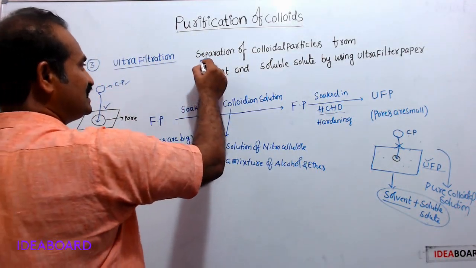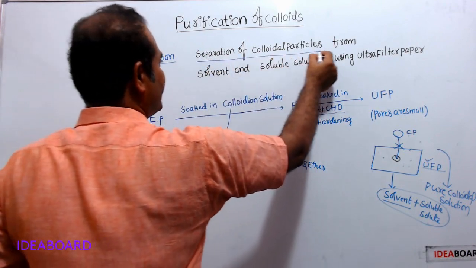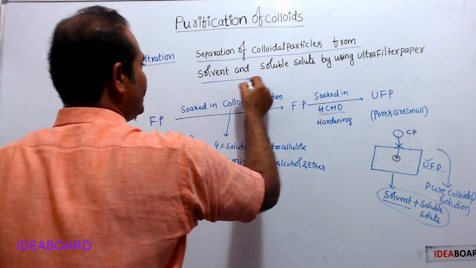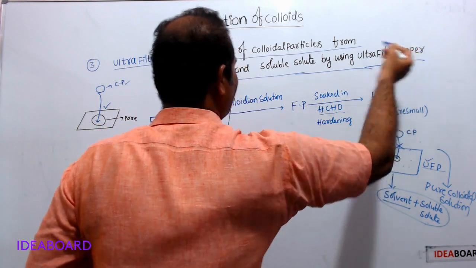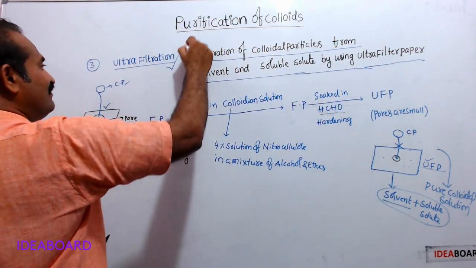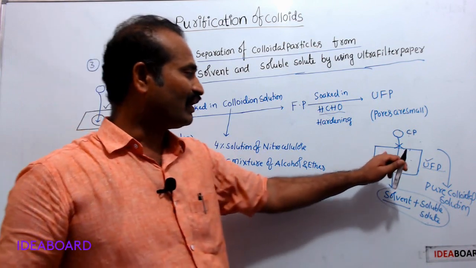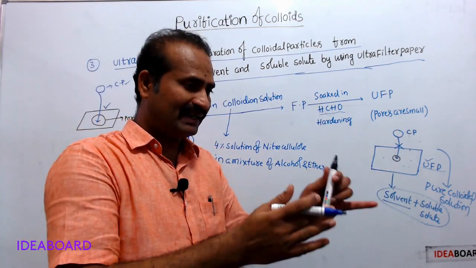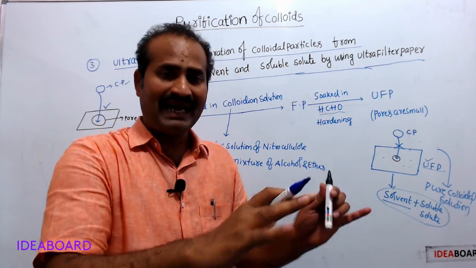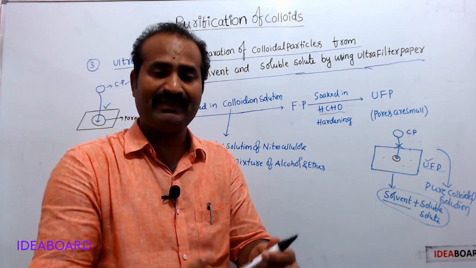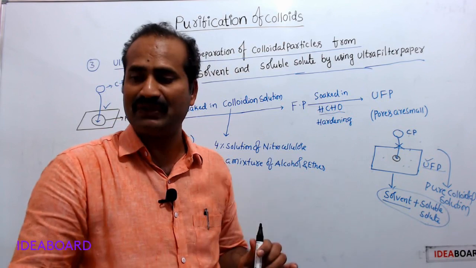What is ultrafiltration? Separation of colloidal particles from solvent and soluble solute particles by using ultrafilter paper is known as ultrafiltration. Over the ultrafilter paper, colloidal particles are trapped. Those colloidal particles are removed and mixed with the dispersion medium in order to get a pure colloidal solution.